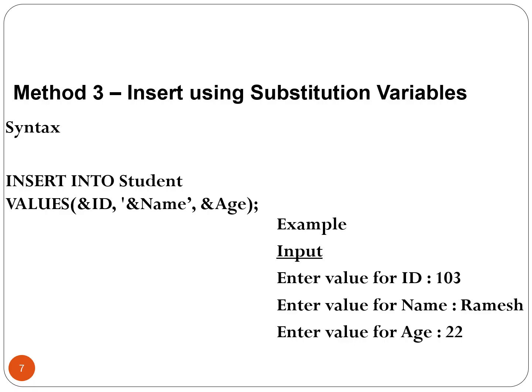For varchar2 and date data types, the column name has to be written within single quotes. So here, when the line gets executed, it asks the user to enter the ID, name and age, and the values can be inserted by the user.